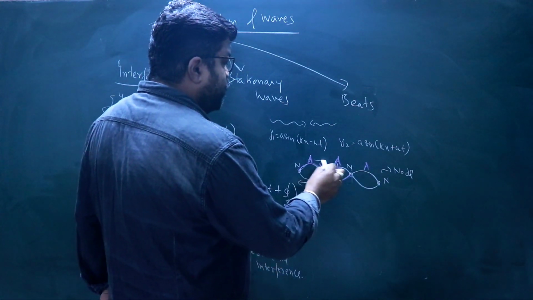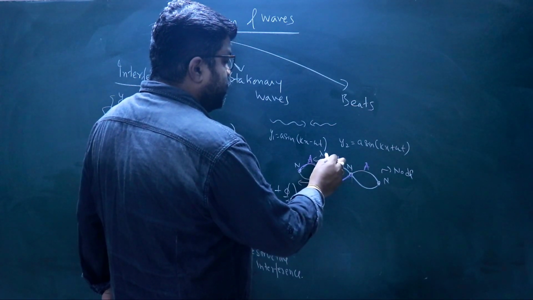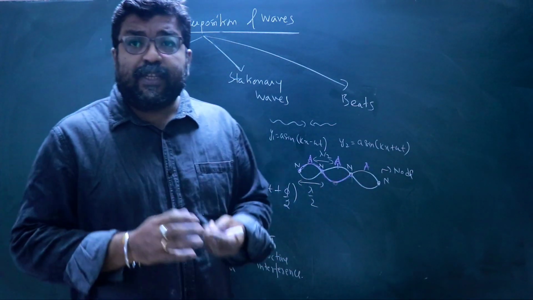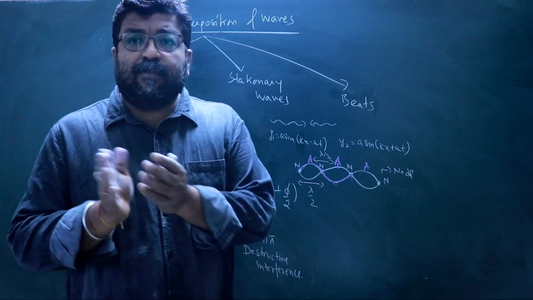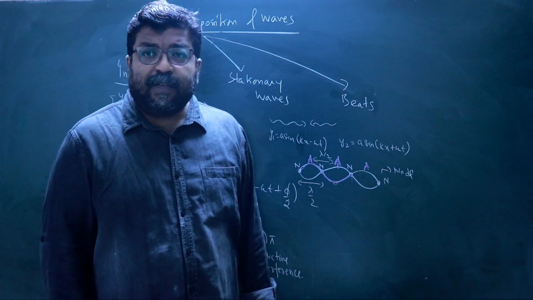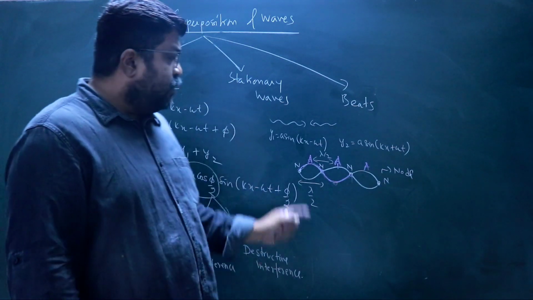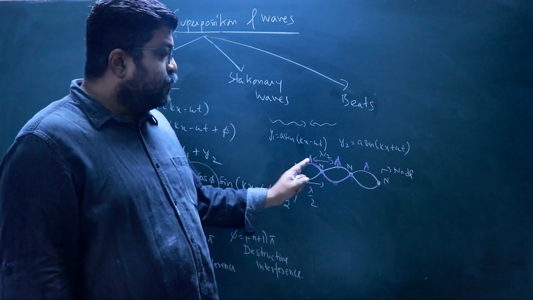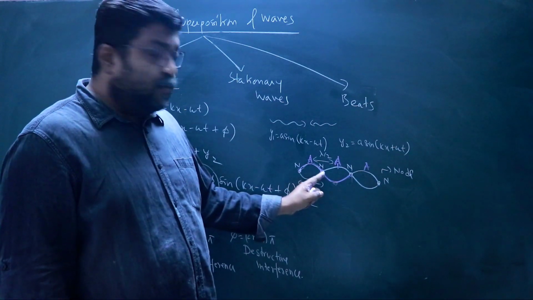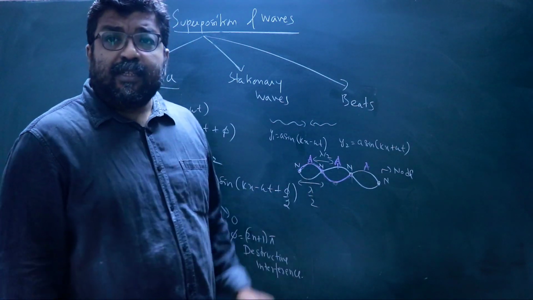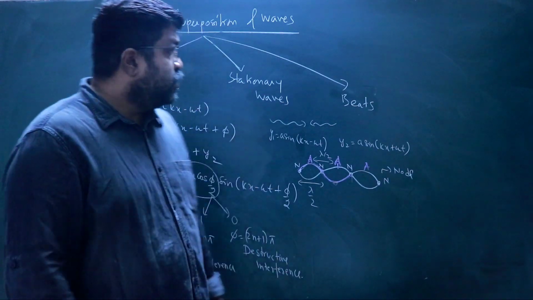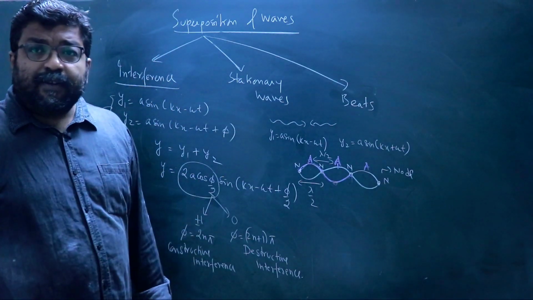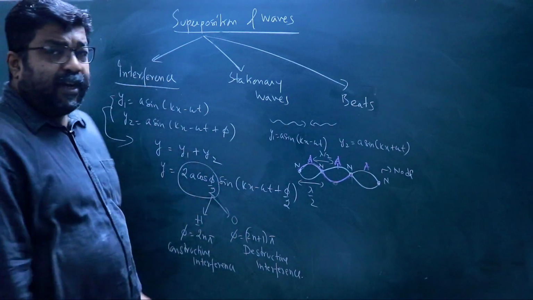Similarly, two antinodes are also separated by lambda by 2. And the distance between one node and one antinode will be lambda by 4. These are some of the fundamental concepts of stationary waves and interference.